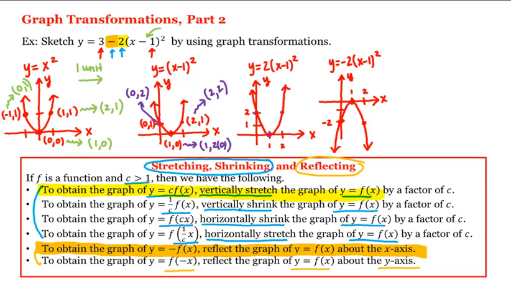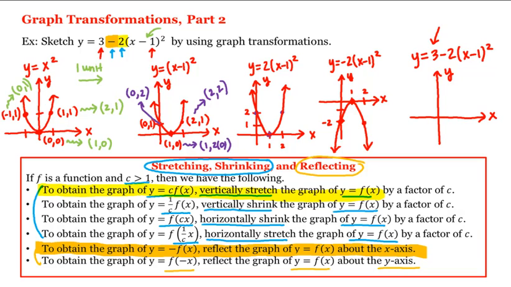And finally, the graph we're looking for, this y is equal to 3 minus 2 times x minus 1 squared, will be a vertical shift up 3 units of this graph. That is, it's going to look like this. So here's the y-axis. Here's the x-axis.